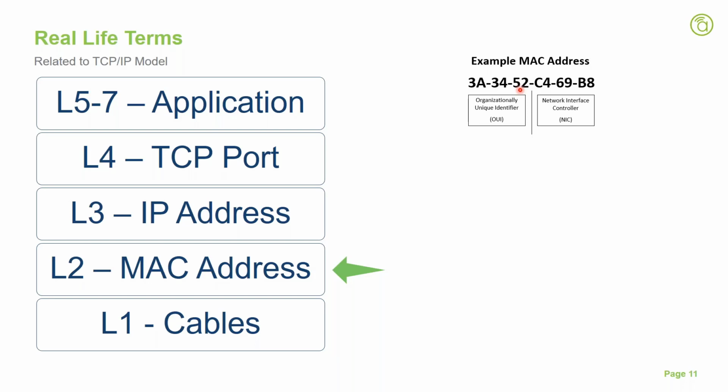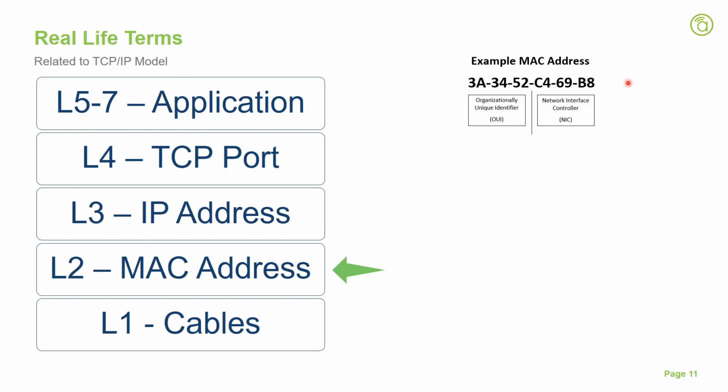They go to a standardization entity and purchase a unique OUI, or there could be multiple ones that they purchase. Basically, the first half is a unique number that is not shared with any other company, and this basically defines their products.